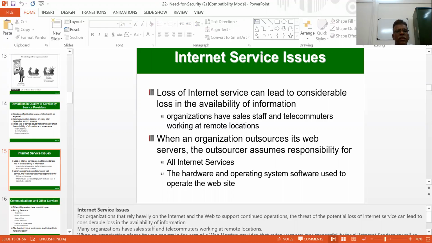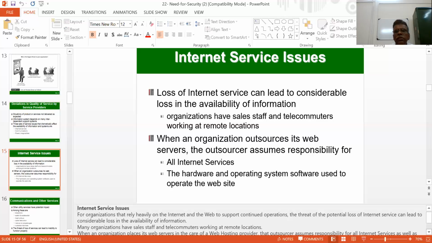That indicates that any organization that relies on the internet and web services to support a maximum level of operation faces a dangerous potential loss if the availability of information to the organization is not maintained in a considerable way.